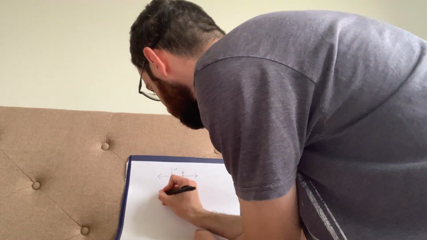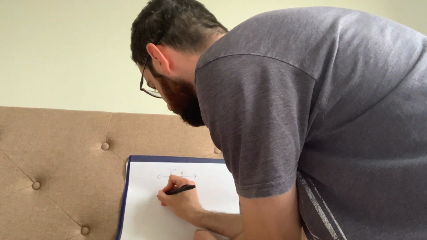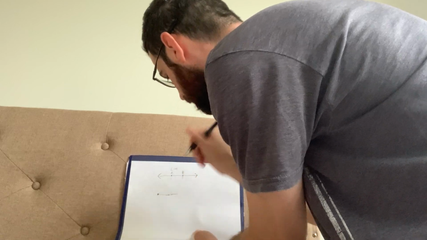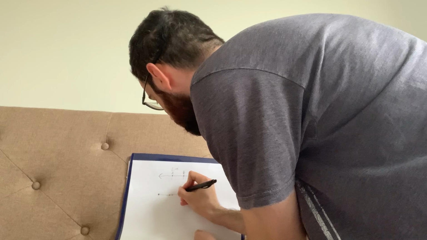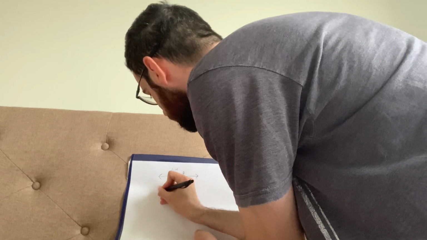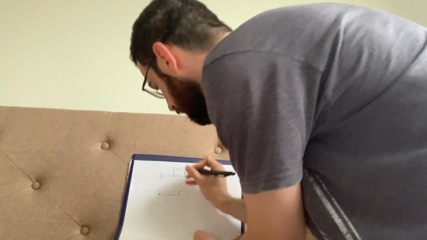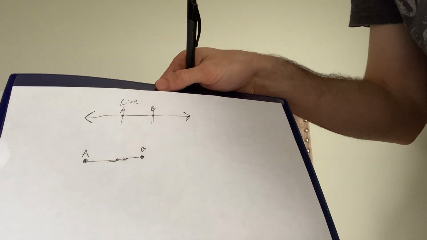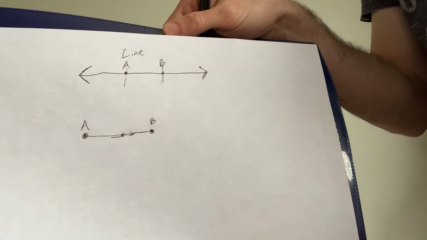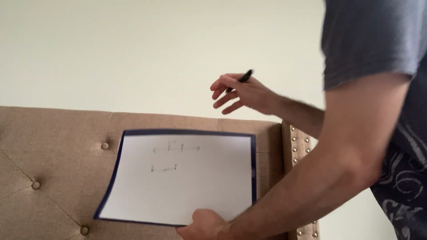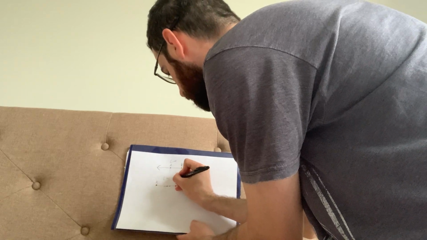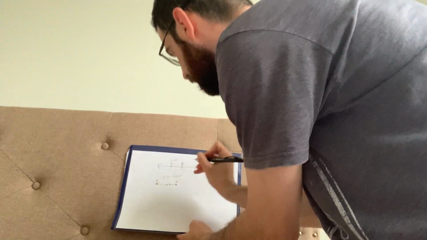So if a line segment was by itself, it would look like this. Okay, you got the two dots on each side connecting the line, because it's just part of a line. So that's a line segment.